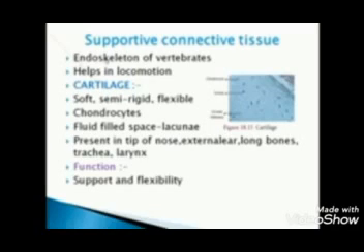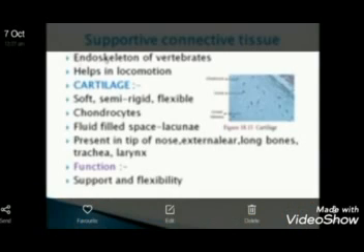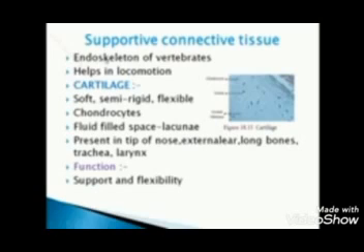The matrix is composed of large cartilage cells called chondrocytes. These cells are present in fluid-filled spaces known as the lacunae. Cartilage is present in the tip of the nose, external ear, end of the long bones, trachea and larynx. Now the functions of the supportive connective tissue: it provides the support and flexibility to the body parts.